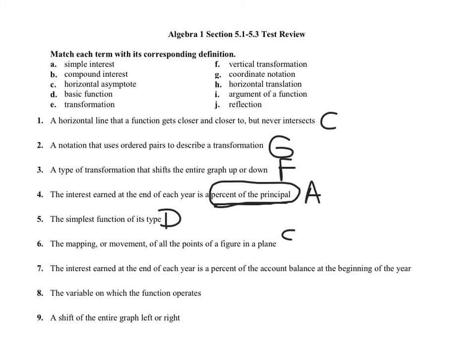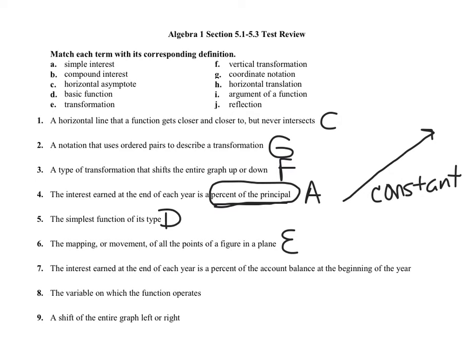Letter E. The interest earned at the end of each year is a percent of the account balance at the beginning of the year. So this is one where you keep going and you do the percent at the end of the year. So your amount's going to change every month. The percent of the principal, that's your simple interest. That's going to be a linear function because it's increasing by a constant amount, the exact same amount.